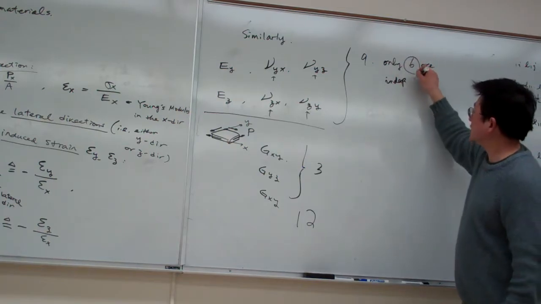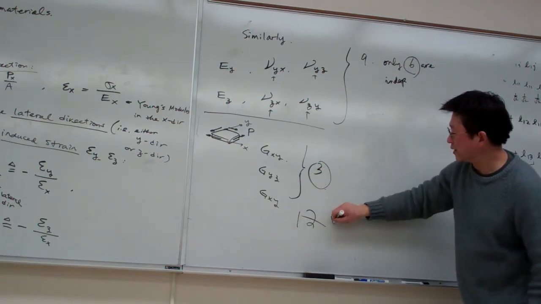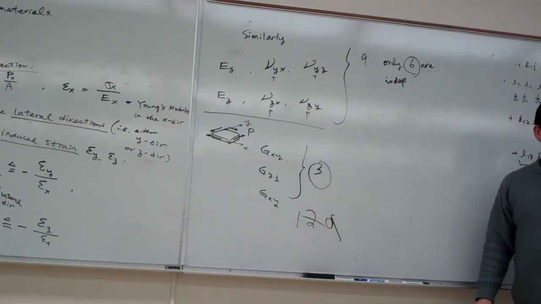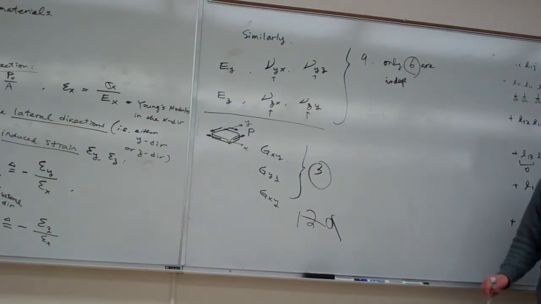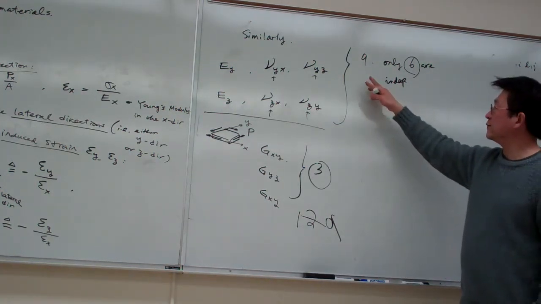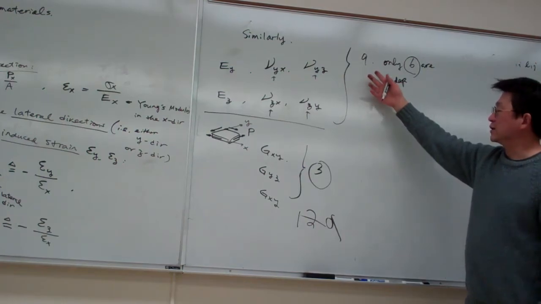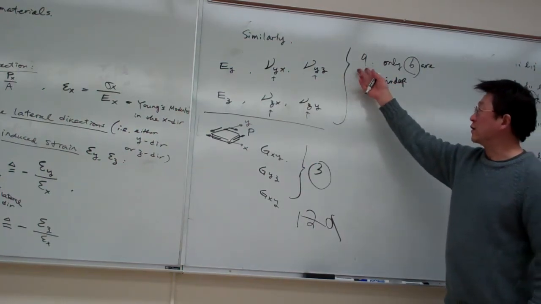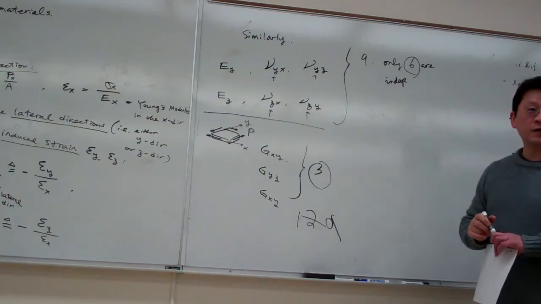So in this way, 6 plus 3 make up 9. So we're still okay. So now the issue is how do we find out these 3 dependent pieces of information out of the 9 here? So that is remaining.